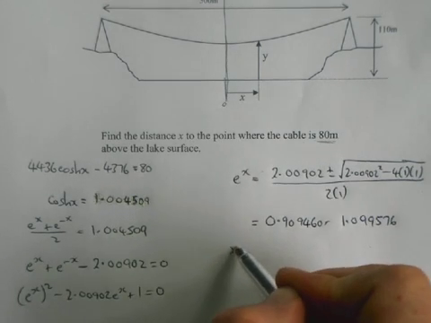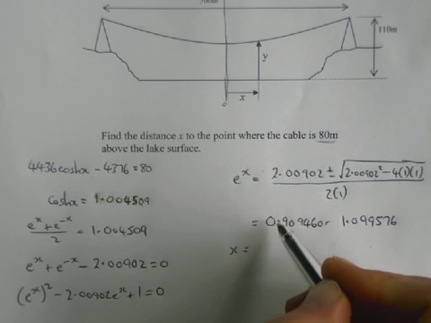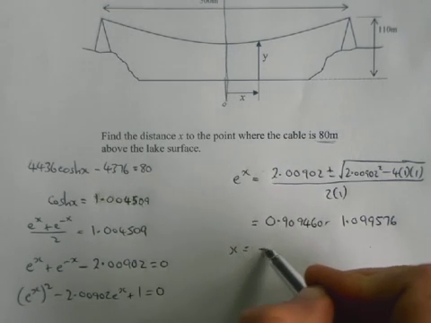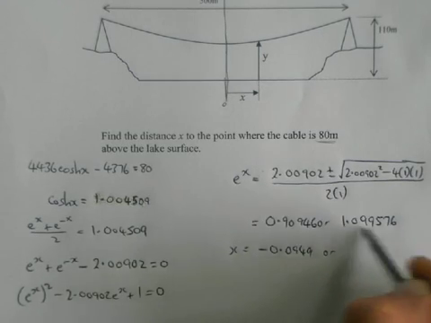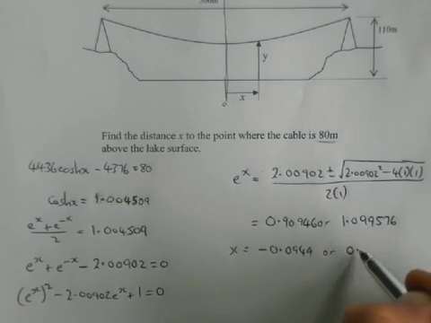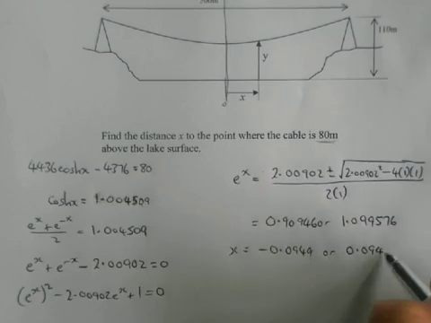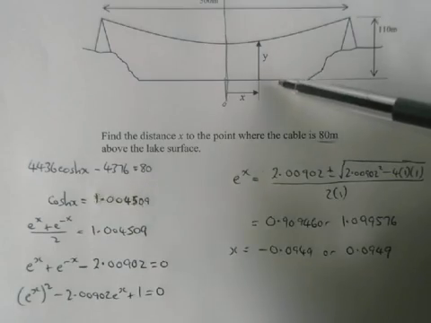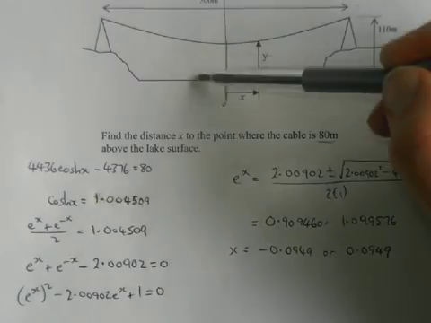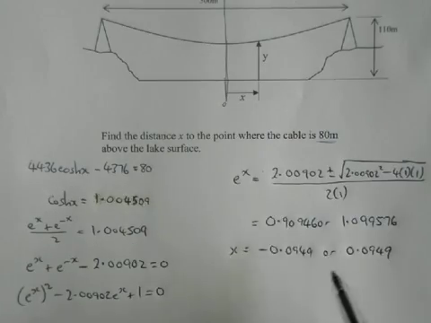So x equals the natural log of those two things. So if I do the natural log of this number, I get negative 0.094. If I do the natural log of this number, I get positive 0.94, which is good. So I've got symmetrical answers because the line's going to be 80 metres above the water level, evenly spaced on either side.